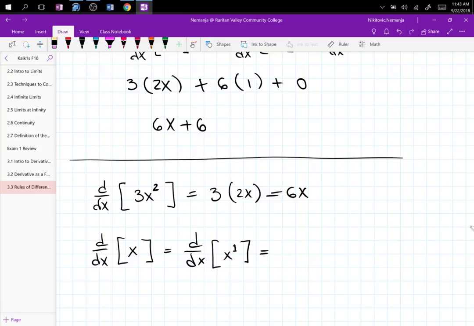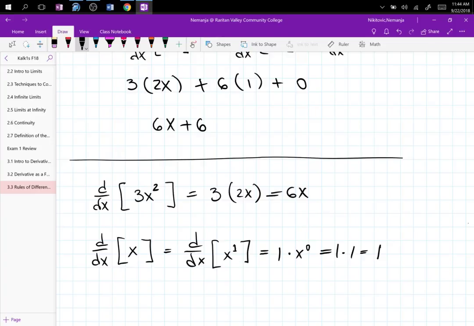So you drop 1 down, and then you have 1 minus 1 is 0, x to the 0 is 1, 1 times 1 is 1. This is why every time you have a linear function, it will go down to a constant, and the constant will go down to 0 as you progress.